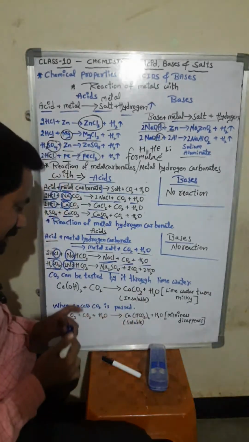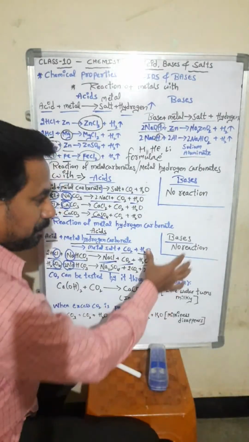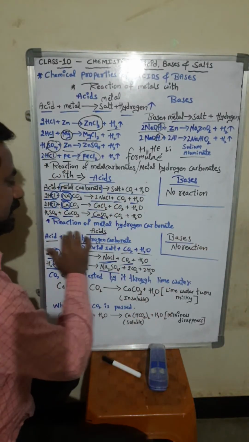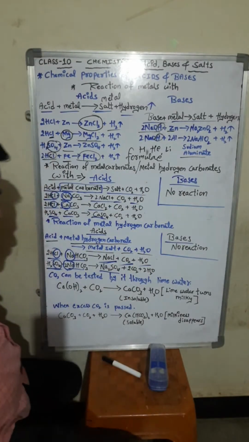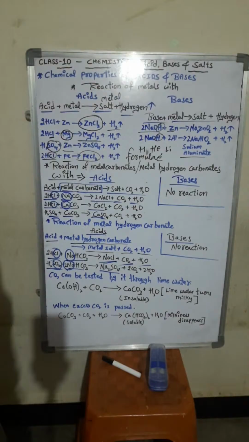Simple, easy. Are you getting? But the bases will not react with metal hydrogen carbonates or metal carbonates. Bases will not react. Okay, students? Are you getting? Don't go anywhere. Okay, fine.